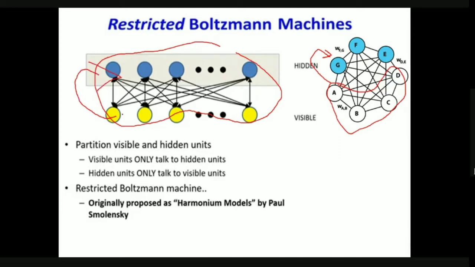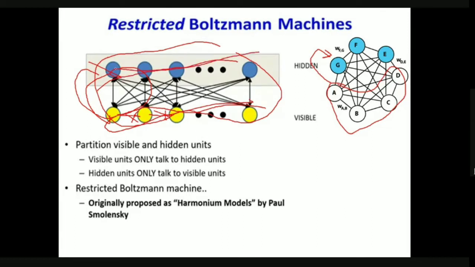There is no connection from a visible neuron to a visible neuron; that connection does not exist. There are only connections from visible neurons to hidden neurons, and from hidden neurons to visible neurons. There are no connections within the visible neurons, and no connections within the hidden neurons.